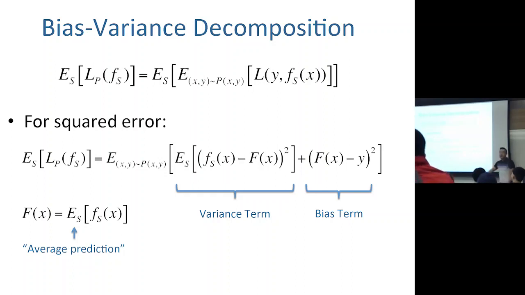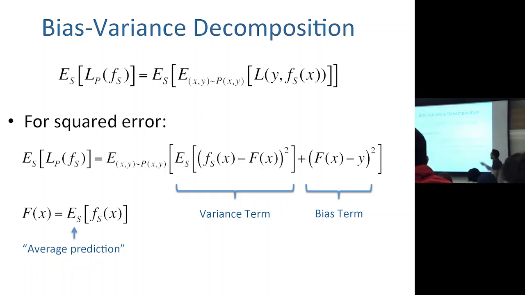For squared error, this L is basically the squared difference between the first argument and the second argument. And if you just rearrange a bunch of terms, using standard algebraic tricks, you can rewrite the expected loss of your function class as these two terms.